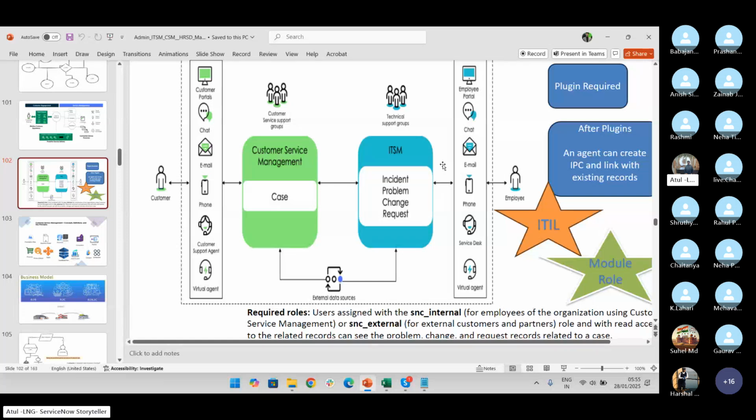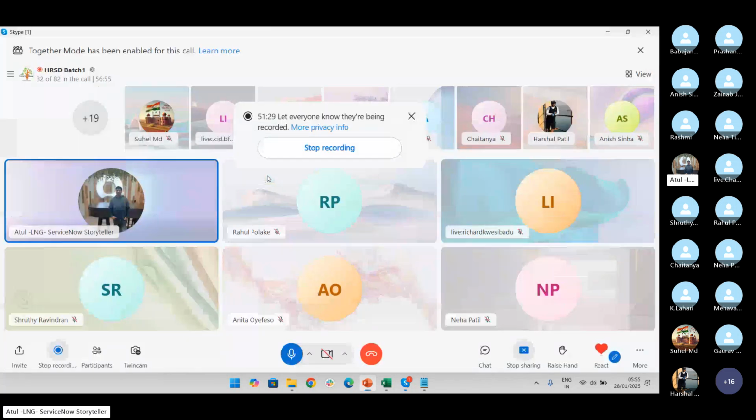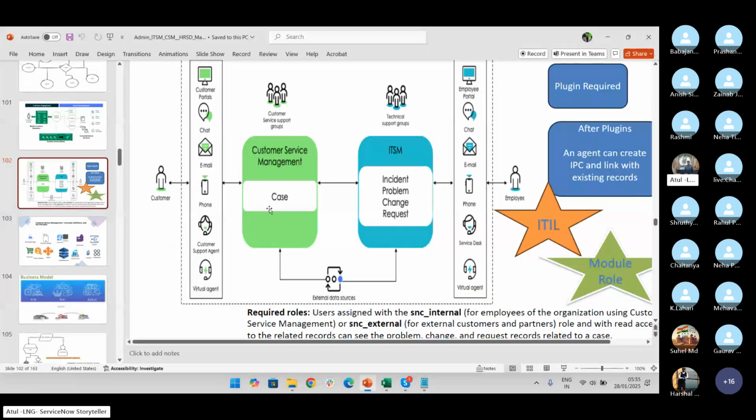So like you can see, CSM is for the customer. Now, when I say your refrigerator is not working, what does Shruti say? We will raise a complaint. Why did she not say we raise an incident? Because customers always raise complaints. We as IT employees raise an incident in the background.